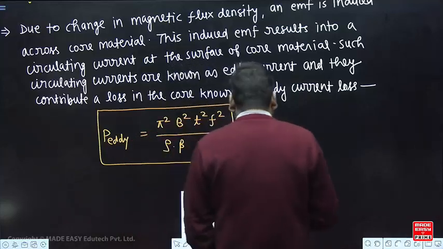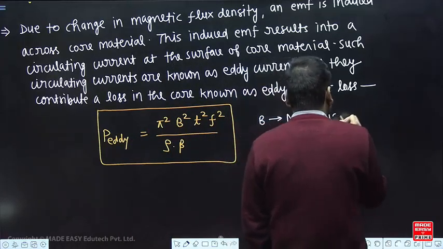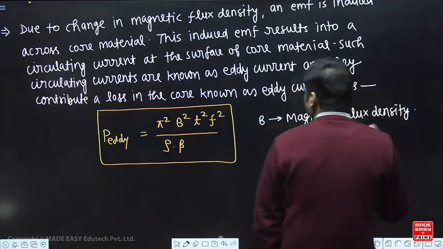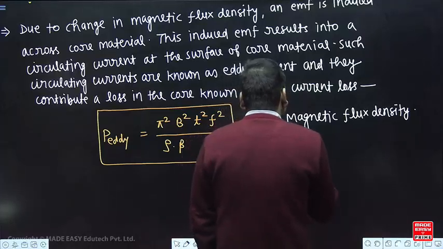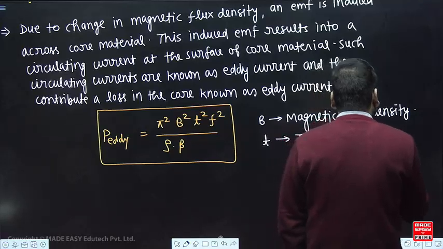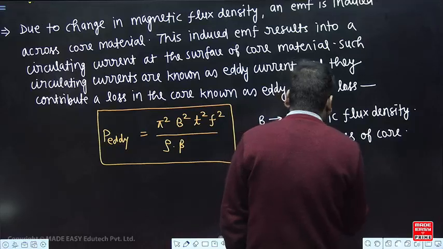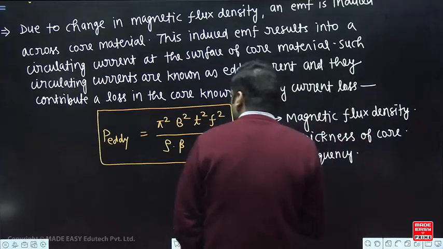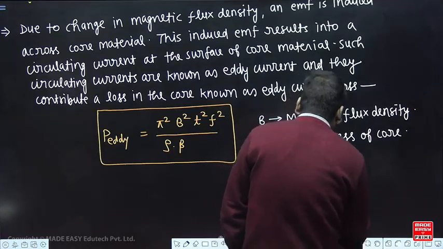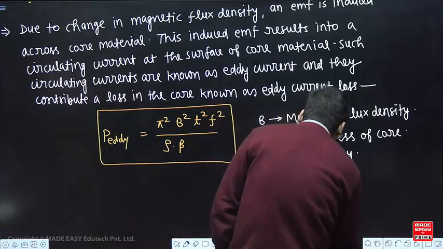Here B is the magnetic flux density, T is the thickness of the core, F is the frequency, rho is the resistivity, and beta is a material constant.